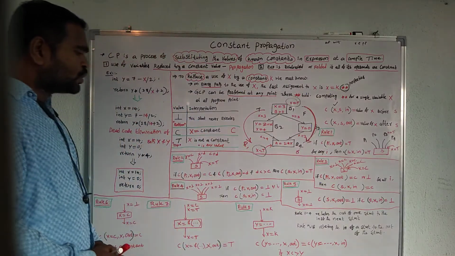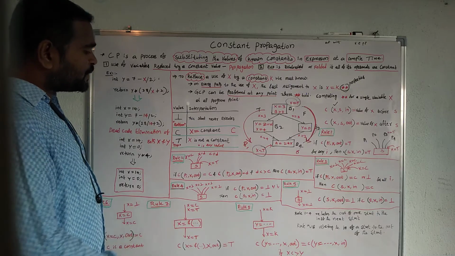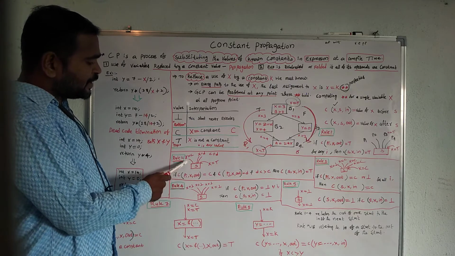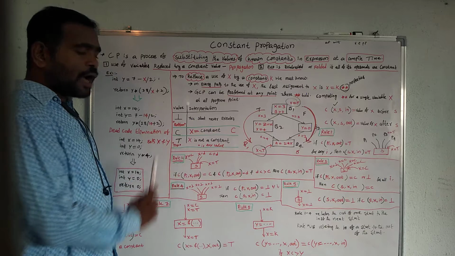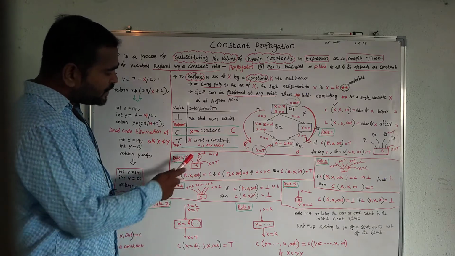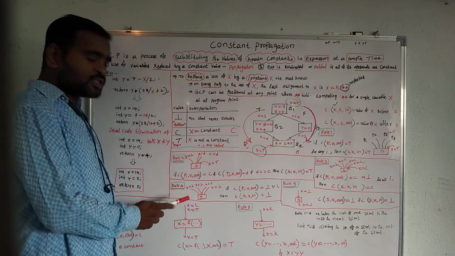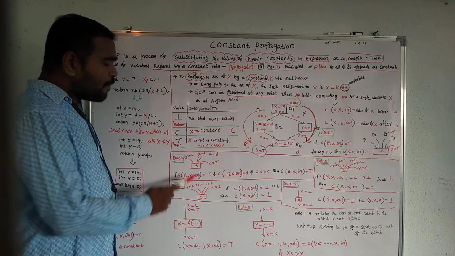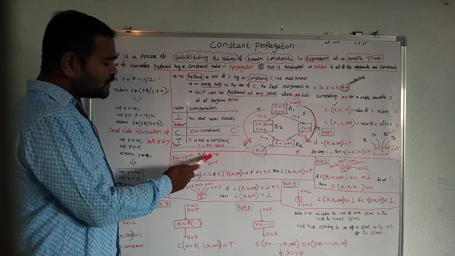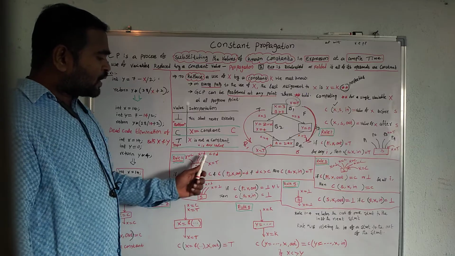And rule 2. In this rule 2, what happens here? In one predecessor statement, x is equal to some constant c in a particular path, and x is equal to d, which is also a constant in another path, and these c and d are both not equal.